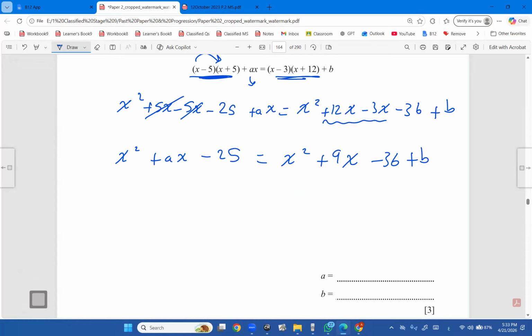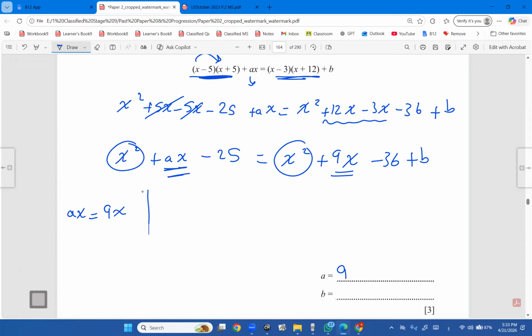If you noticed here, x squared is the same as the x squared. Ax is equal to the 9x. So imagine that I'm saying to you ax is the 9x. We have it equals in between. So ax equals 9x. What is a? Well, it's 9. Ax, 9x, so they are the same, so a is 9.